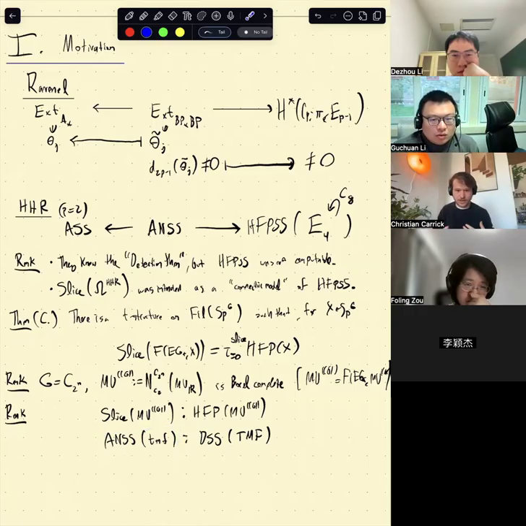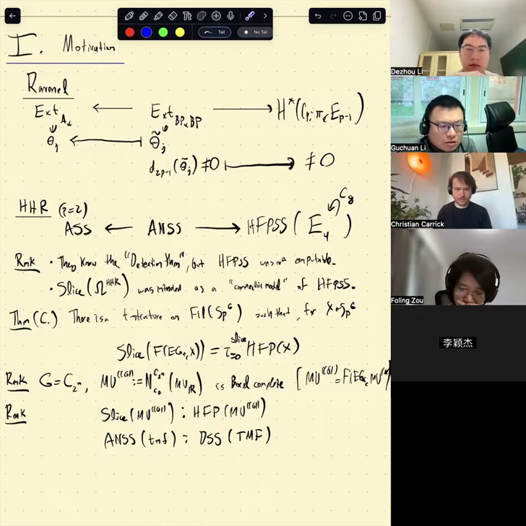The connective version had good vanishing lines from the E2 page and was sparser. And their observation was that that made this computation for tmf much easier. And so this tmf is the prototypical example of a connective model. And the slice spectral sequence is participating in that analogy.